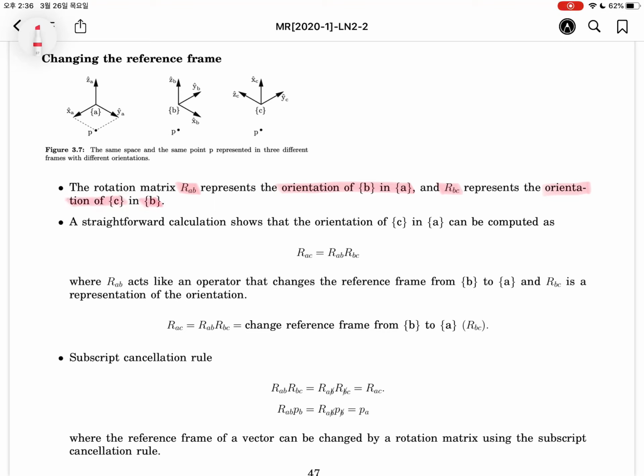Okay, let's multiply both rotation matrices RAB and RBC.